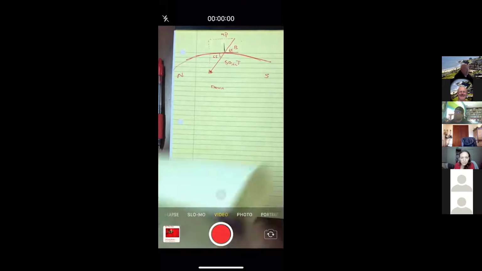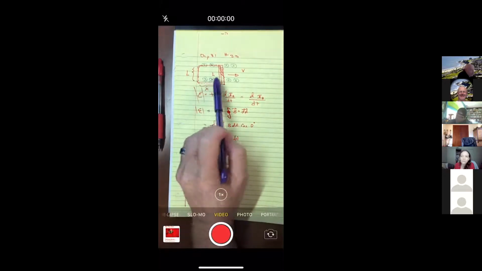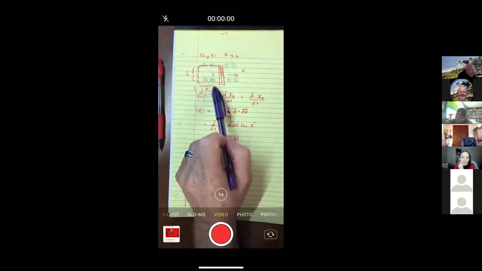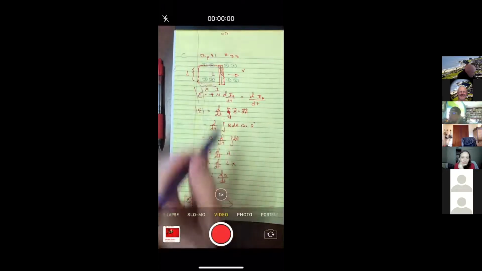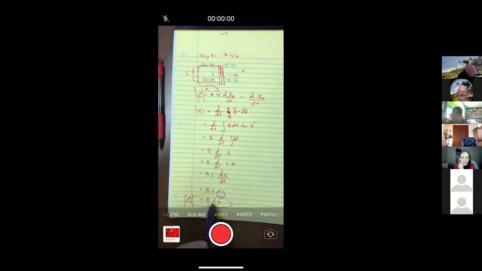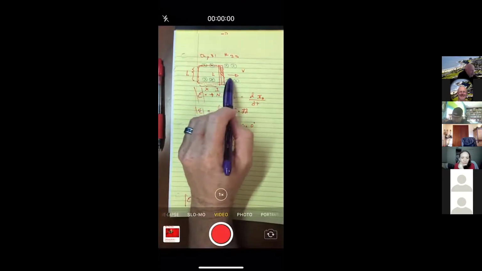Now, let me go back here to my derivation. You look at the geometry laid out here, and it says that I get this equation, BLV. We've got to watch the 3 dimensions.